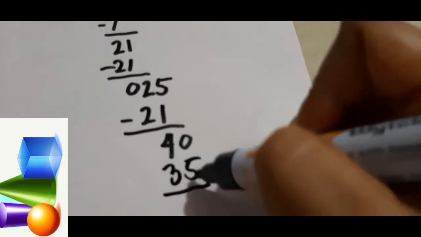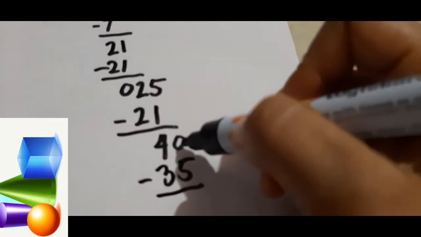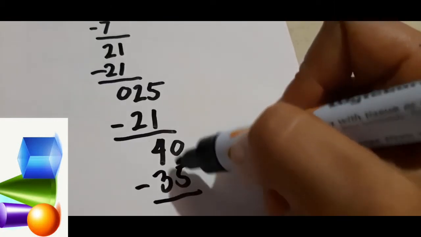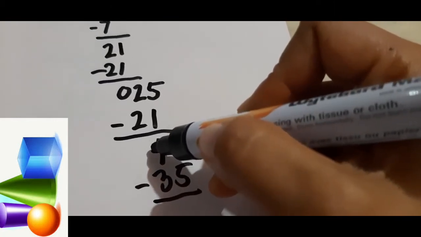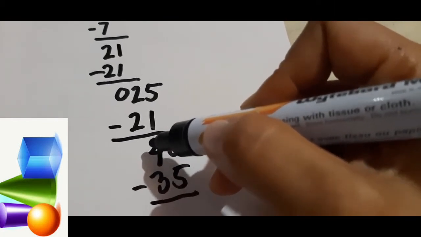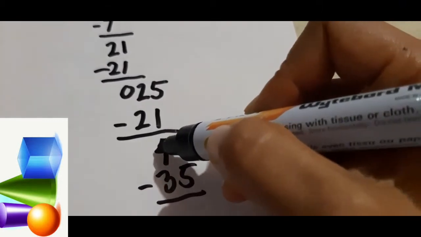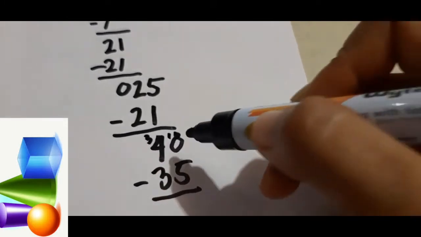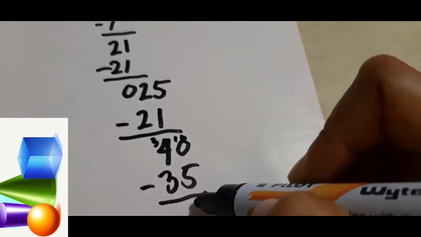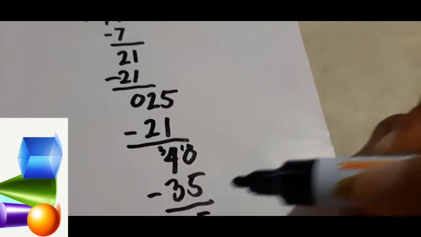Then subtract. 0 minus 5 cannot be. Borrow 1 from 4, it becomes 10. Then this 4 becomes 3. So 10 minus 5 equals 5.